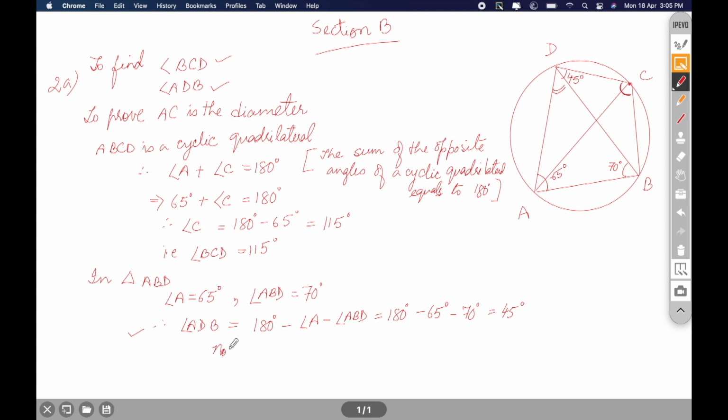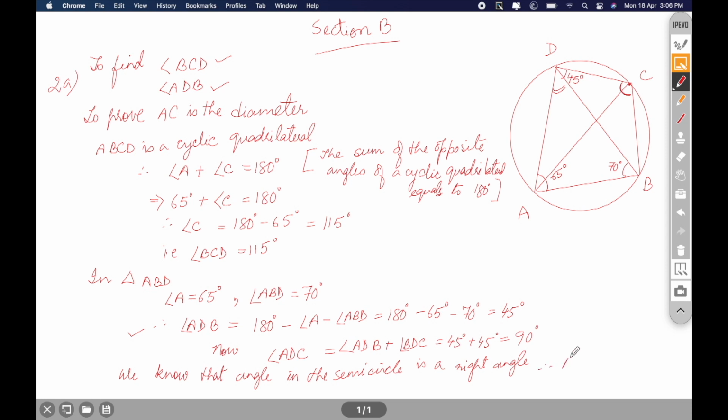Now angle ADC equals angle ADB plus angle BDC. Each of these two angles is 45 degree. So when we add, we get 90 degree. And we know that angle in the semicircle is a right angle.